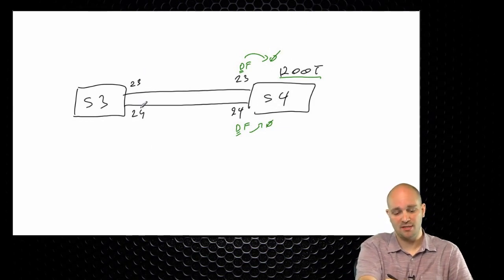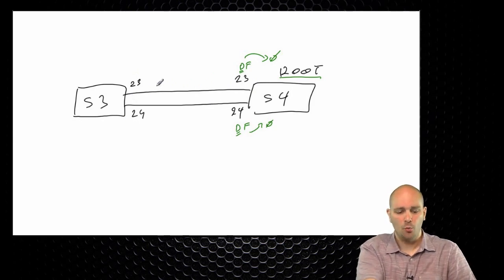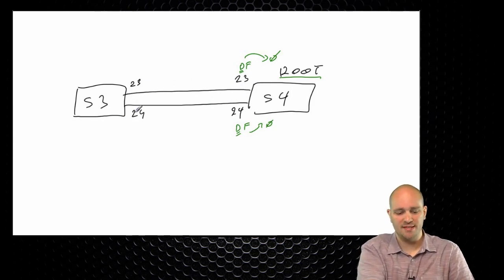Now, a more interesting situation happens on switch 3. Their cost to reach the root is the same. If you're using traditional spanning tree, it would be, oh sorry, I should be careful what I'm saying, it will be 19. So the cost will be the same to reach the root.